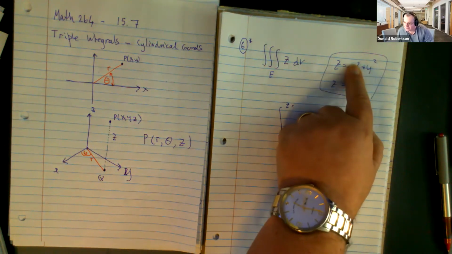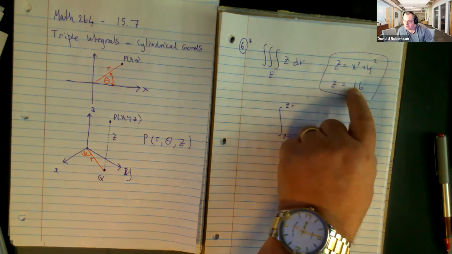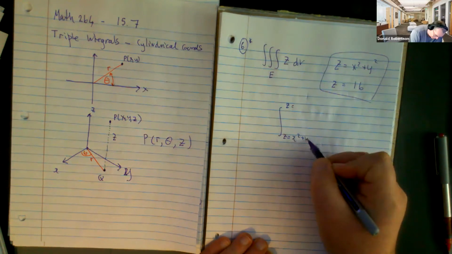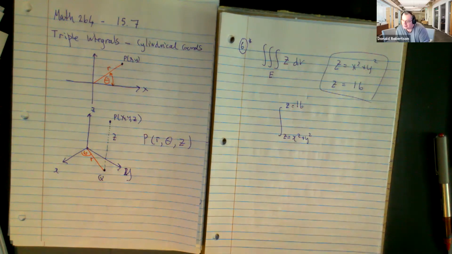When x is 0 and y is 0, won't this value be 0 and this one be 16? So that has told me that you are the small guy and you are the big guy. Do you see how I cheated? Just pick x is 0, y is 0, and figure out which one's above and which one's below.